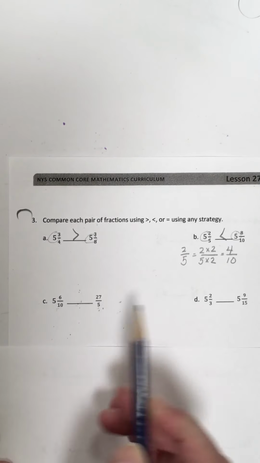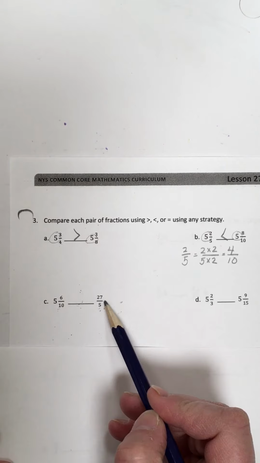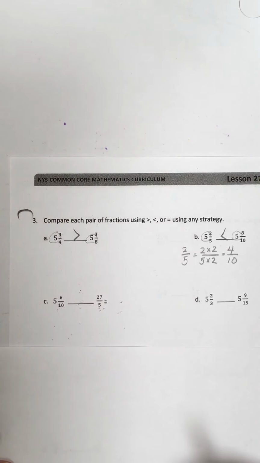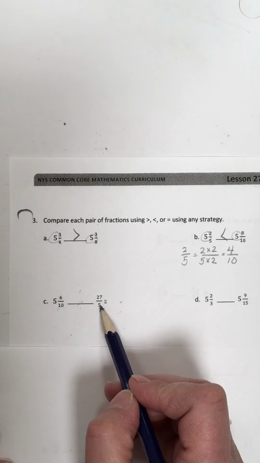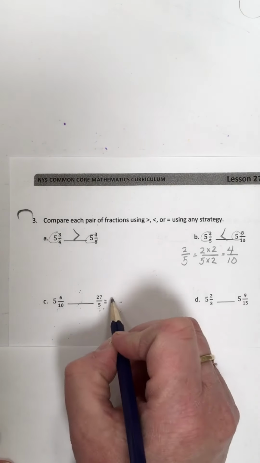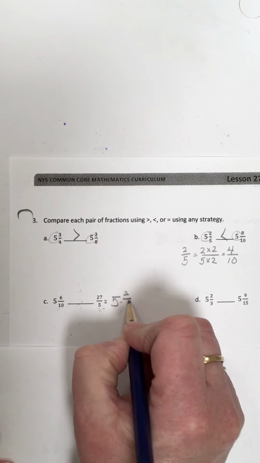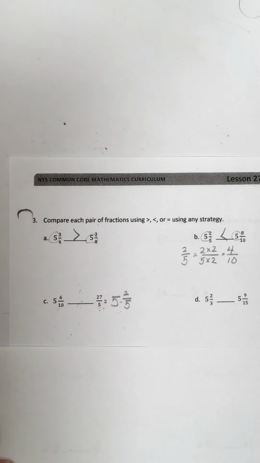One strategy I could use is to turn this improper fraction into a mixed number. So I'm going to divide. 5 goes into 27 5 times. 5 times 5 is 25. 27 minus 25 is 2. I keep the same denominator.